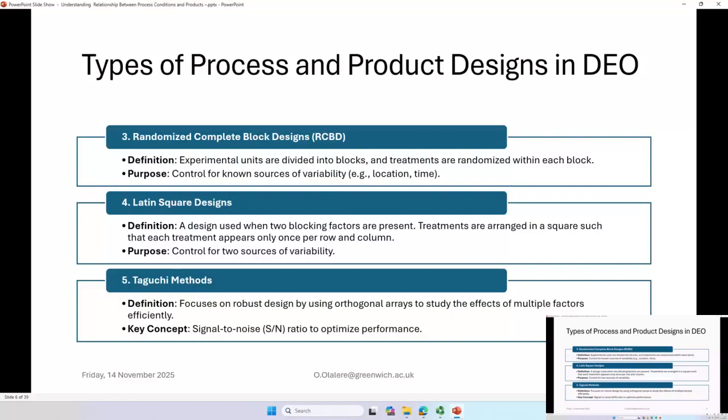Most of the time, Taguchi is used when you design your experiment and imagine you have up to 70 experiments. They are too much for you, and it means you will use more materials to conduct the experiment. Imagine you are dealing with costly materials and you need to cut down the number of runs, the number of experiments.